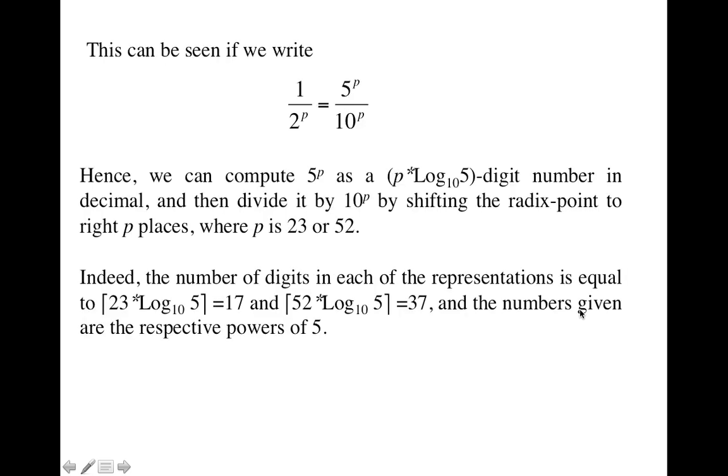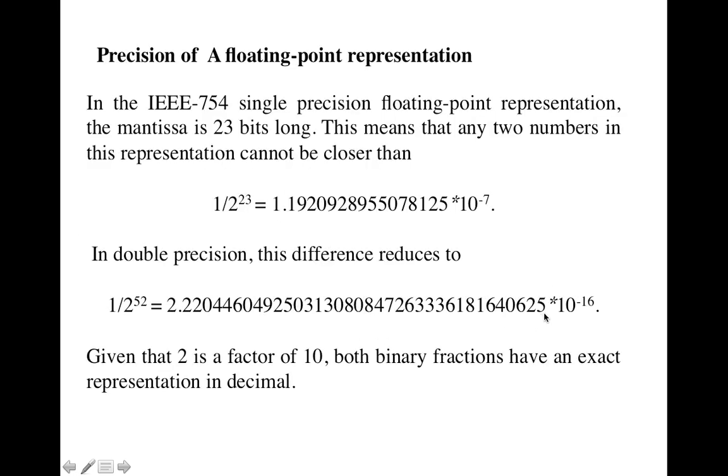So really all I'm saying is that you're dividing this 5 to the p by 10 to the p, and the way that you do that with 52 bits is simply by moving the decimal digit from here to this place 36 times, and therefore that gives you ultimately that ratio 10 to the minus 16, as opposed to 10 to the minus 52 that it would have been if you hadn't moved this from here to here.